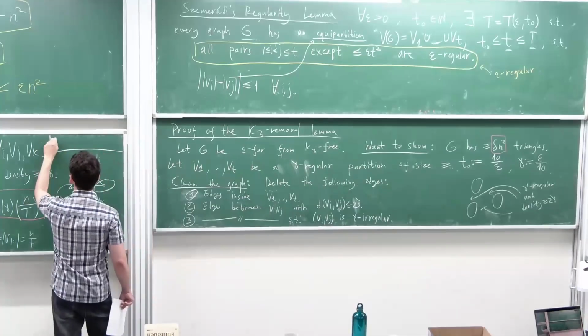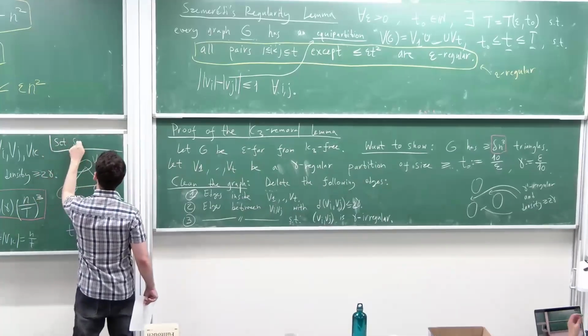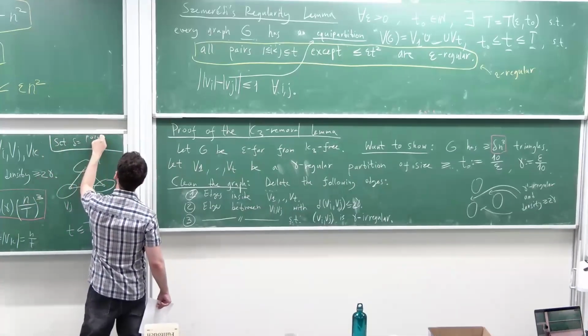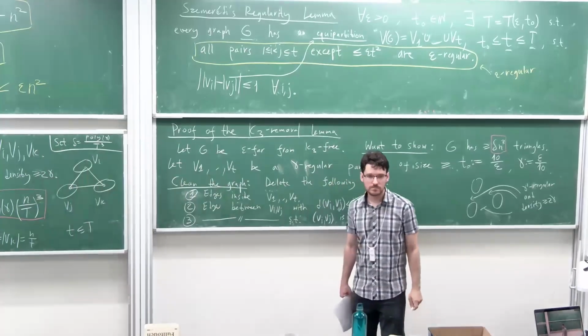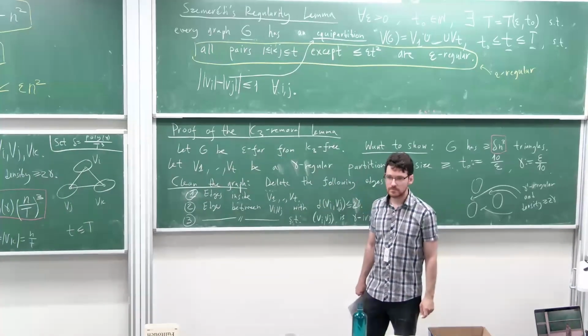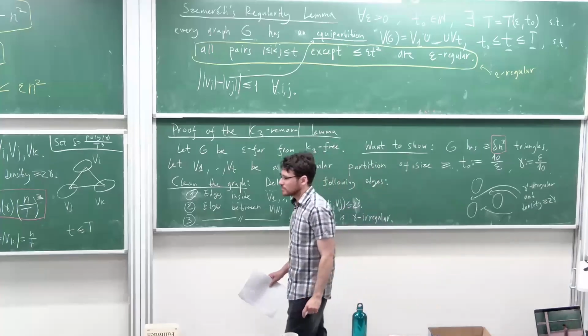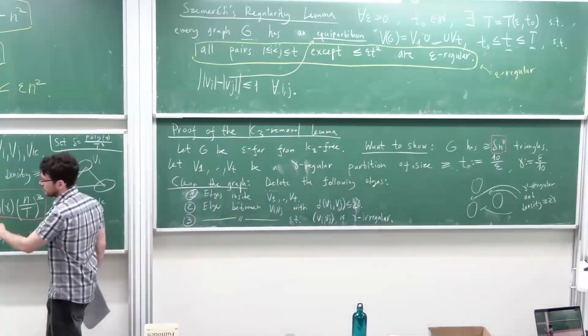So we can set delta to be some poly gamma divided by T cubed, where poly gamma is some explicit expression.